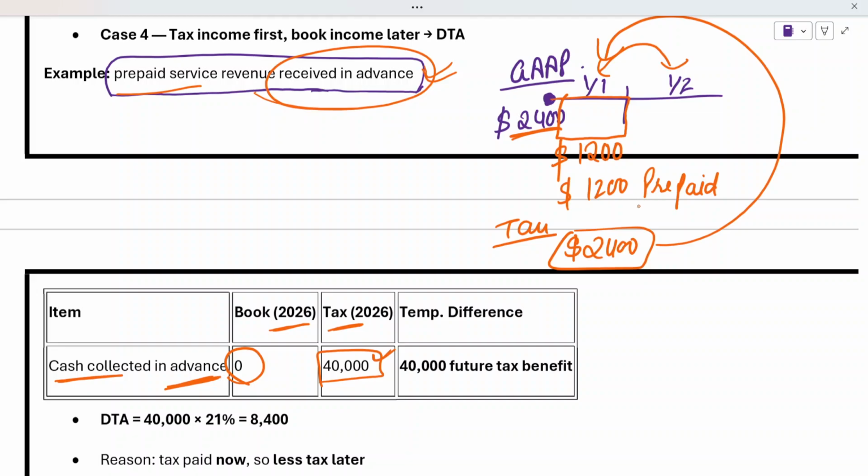So if in my books right now there is zero income, and in tax I have shown 40,000 as income today, then on this higher income there will be higher tax today, and if there is higher tax today, I will get the benefit of these higher taxes in future. So that will create a deferred tax asset for you on these 40,000 at 21%, which will give 8,400.